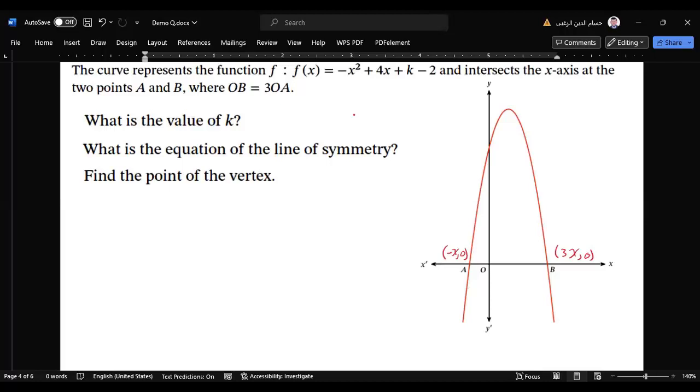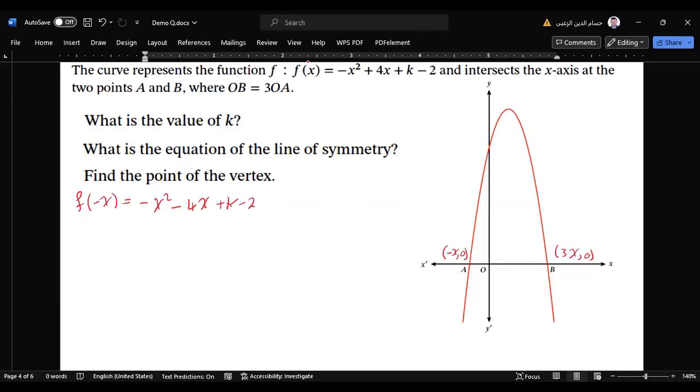He asked me to find the value of k. So let's substitute with negative x and 0 in this function. We'll say that f of negative x equals negative. Negative x to the power 2 is x to the power 2. Negative x times 4 is negative 4x, plus k minus 2.